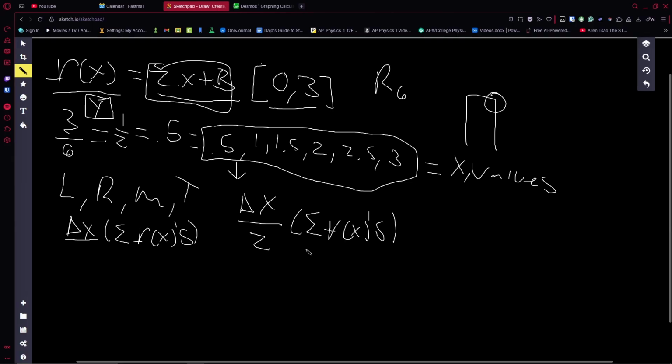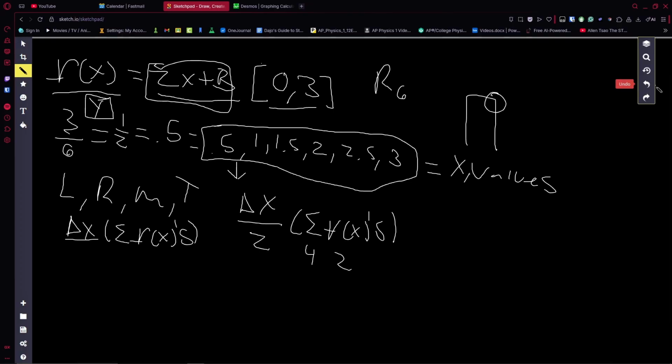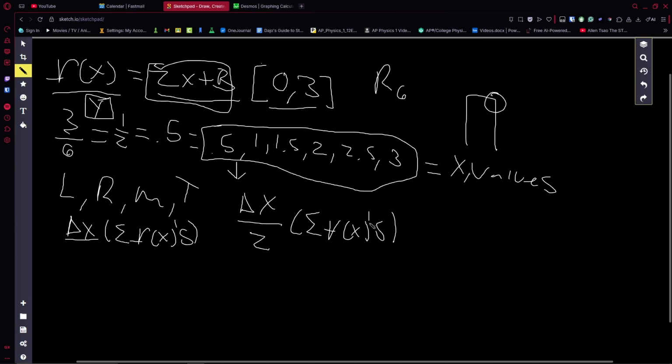Say you had 4 values, right? You're going to have to double the inside ones, so 2 times whatever value that is. It'll make more sense when I show you how to do it, but it's going to double. So let's first grab our intervals.